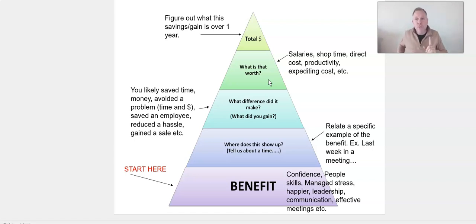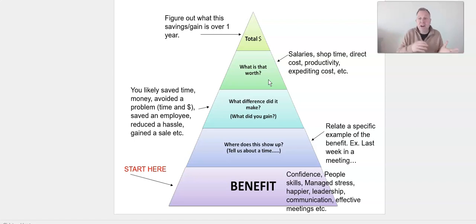Overall, it's about 1.5 times salary to an organization. So let's say someone's salary is $50,000. 1.5 times that would be $75,000 gained if you were able to retain an employee. Make sense?